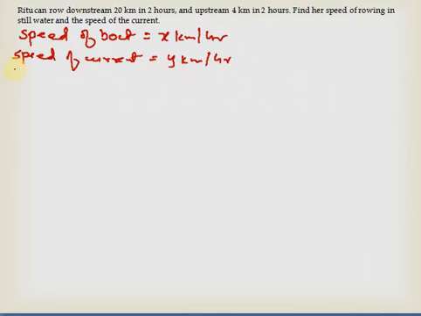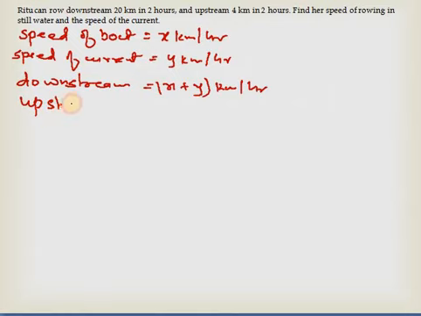Now Rita can go downstream. When downstream, we know it is along the stream, so in this case we add, and this will be our speed. When there is upstream, that means against the stream, in this case we have to subtract the speed of the current.